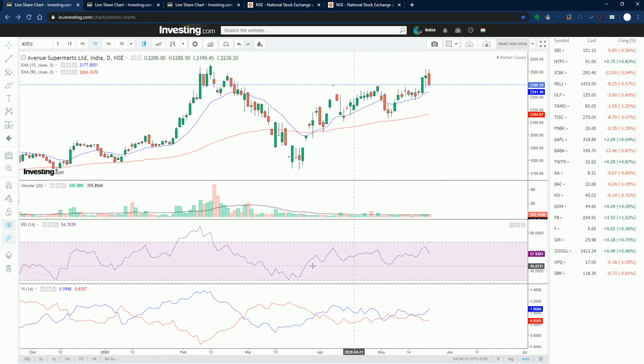So the strength and momentum are not picking up to push the stock upwards. Even the volume is very low compared to the previous one. And the vortex indicator also shows there is not enough strength to push the stock up. Even though it is up, it is not showing continuous strength.